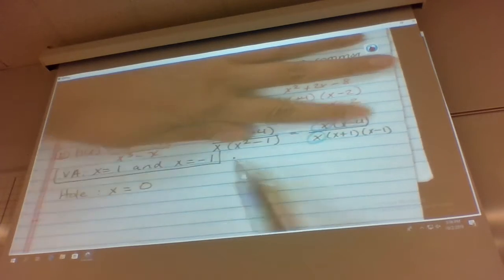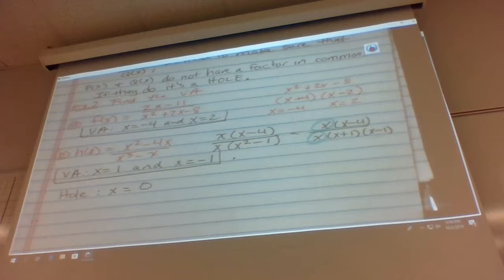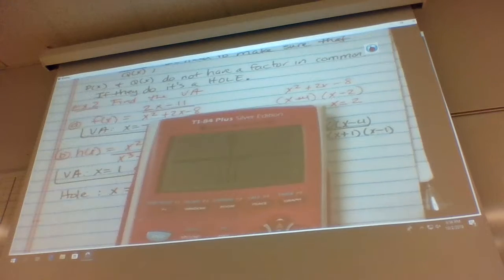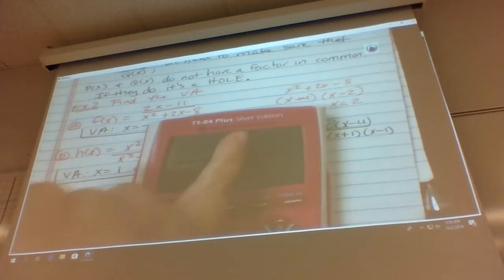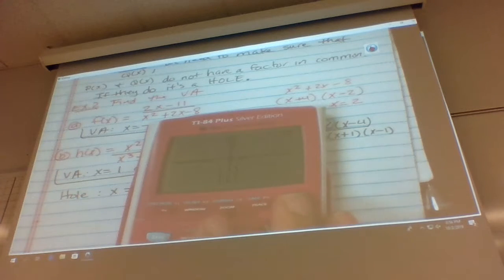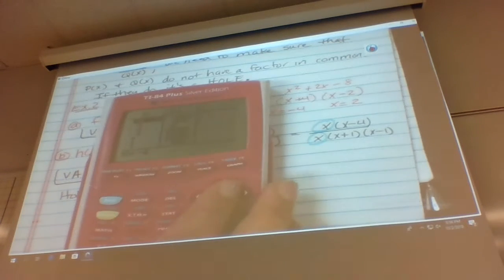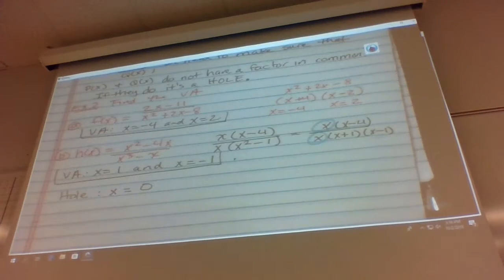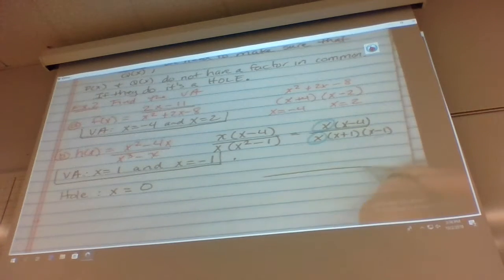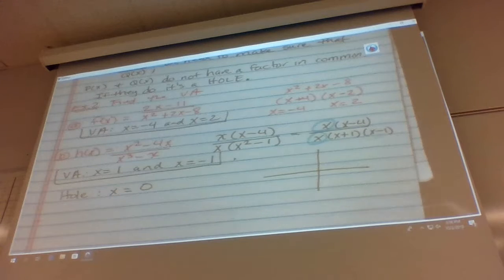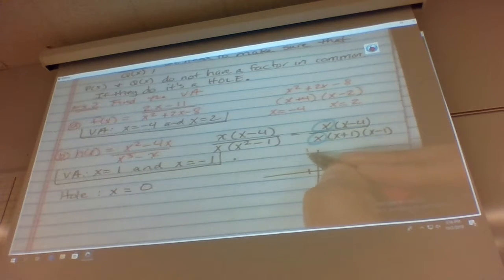So if you actually graph this, at 1 there is an asymptote, and at 0 there is a hole, which means an open circle. So this graph goes there, and it goes like that.